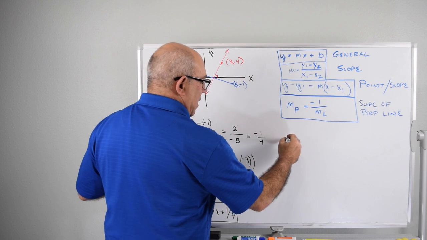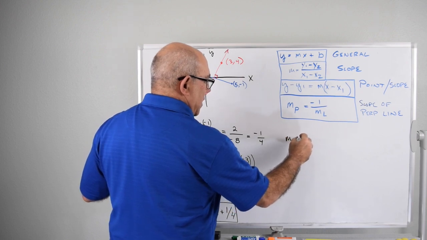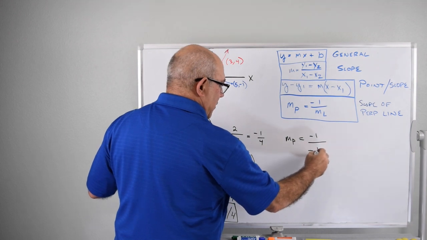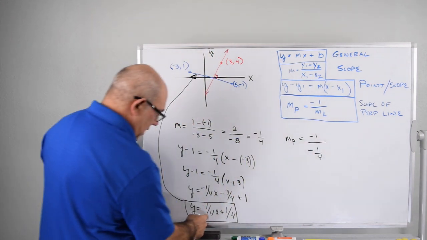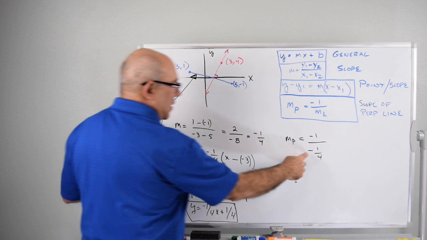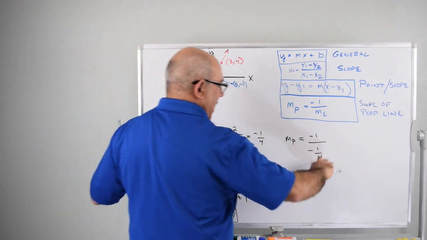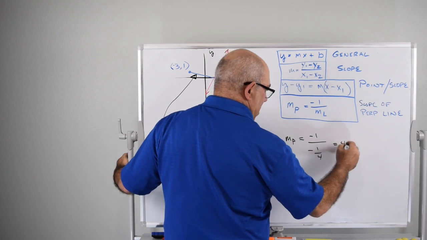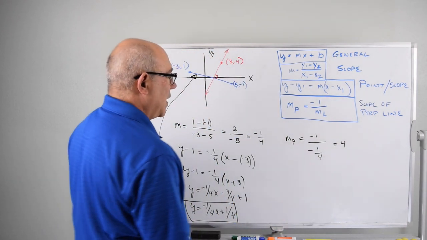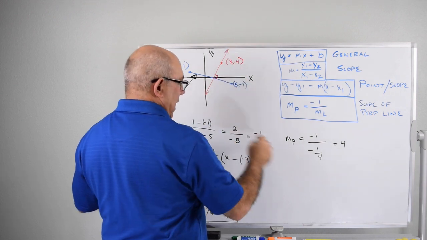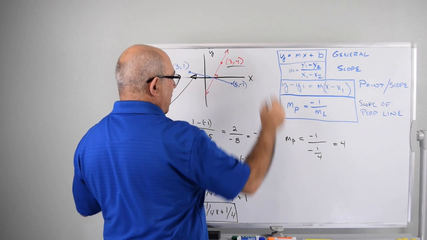So the slope of the perpendicular line equals minus 1 over minus 1/4. We take this slope, which is minus 1/4, plug it in here, but that's for the original line. And so when you do this math, this equals 4. So now we have the slope of this line is 4, and we now have this point.